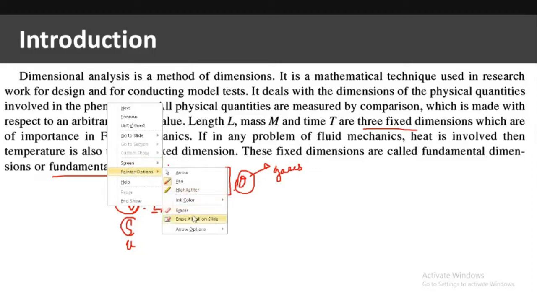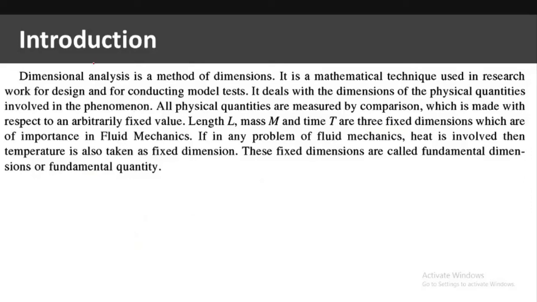The definition of dimension is: it is a mathematical representation of secondary quantities in terms of primary quantities. Just like you mathematically represent velocity in terms of primary quantities. Which are the primary quantities? Mass, length, time.